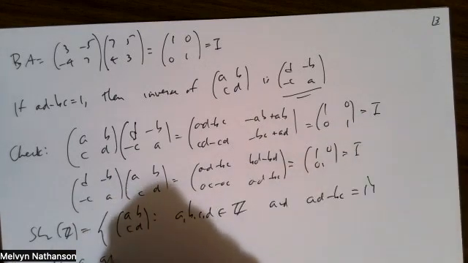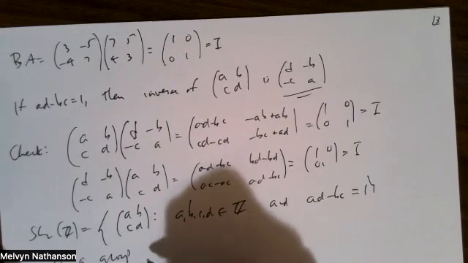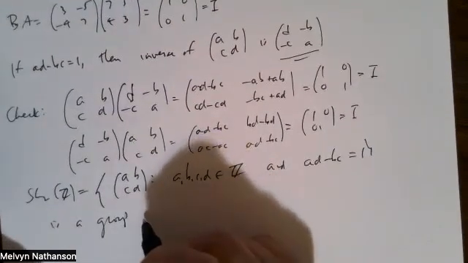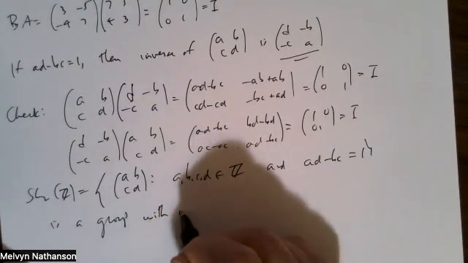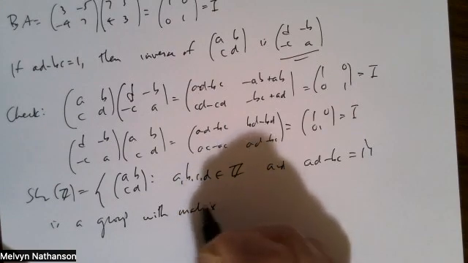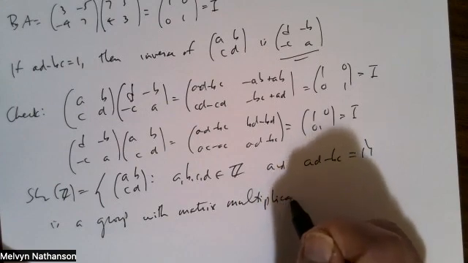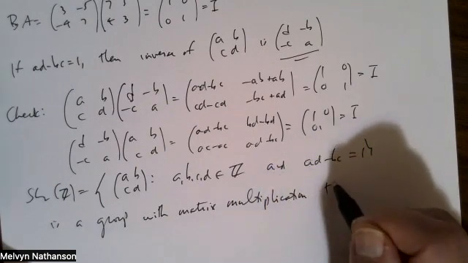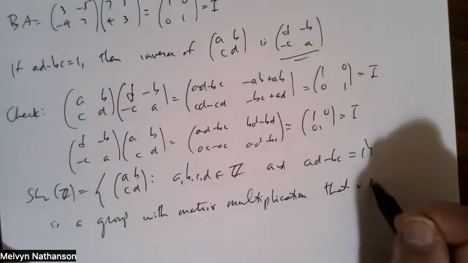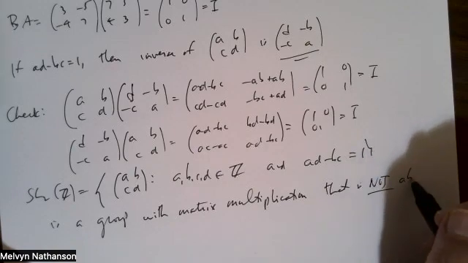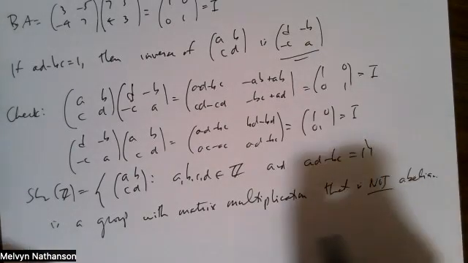It is a group under the binary operation of matrix multiplication that is not abelian.